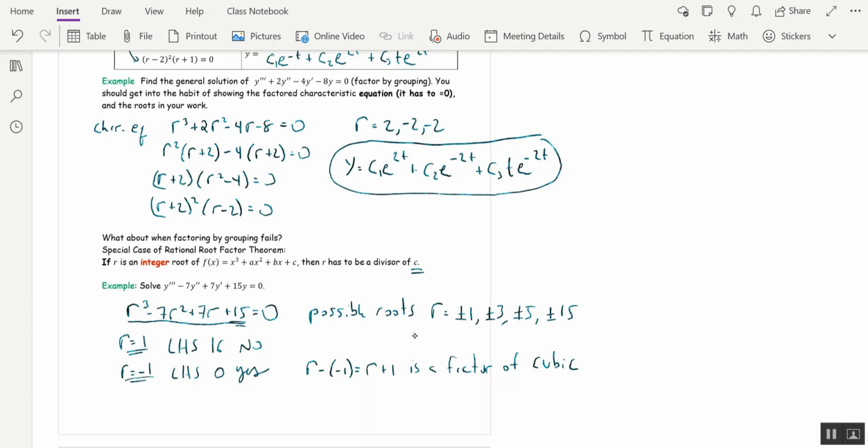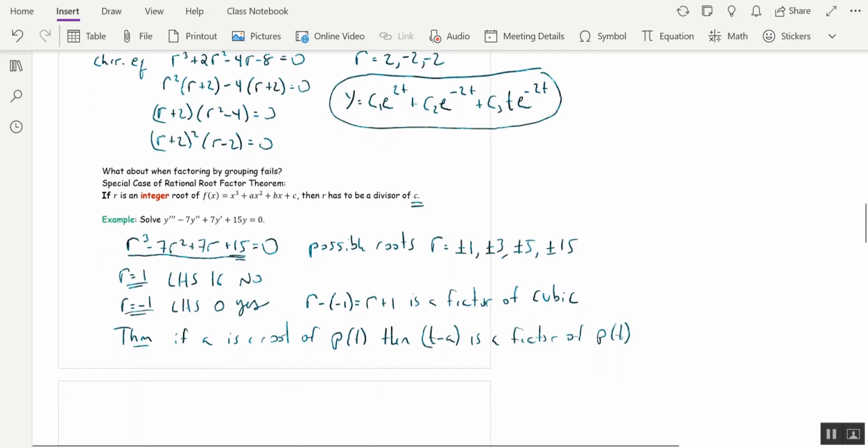Well, that comes from another theorem, and I'll just state it briefly. It says that if a is a root of p of t, then t minus a is a factor of p of t. Okay, so what do we do now? We do long division.